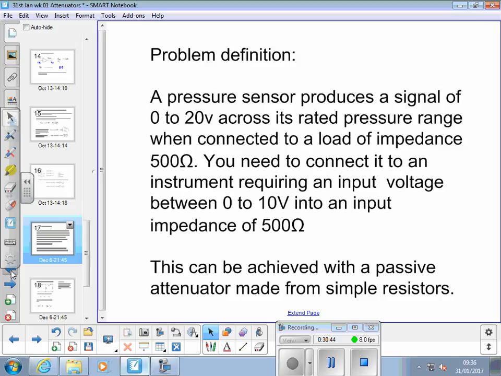You need to connect it to an instrument requiring an input voltage of between 0 and 10 volts with an input impedance of 500 ohms. So we're going to have a look at the calculations around that specification and how we can find the values of the simple resistors needed to make that attenuator.